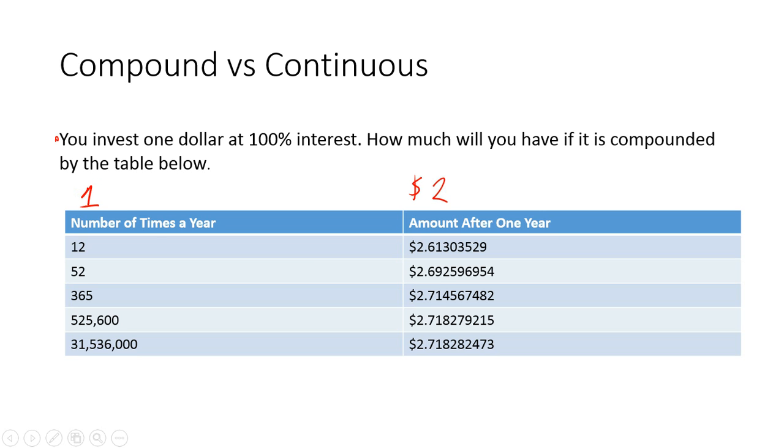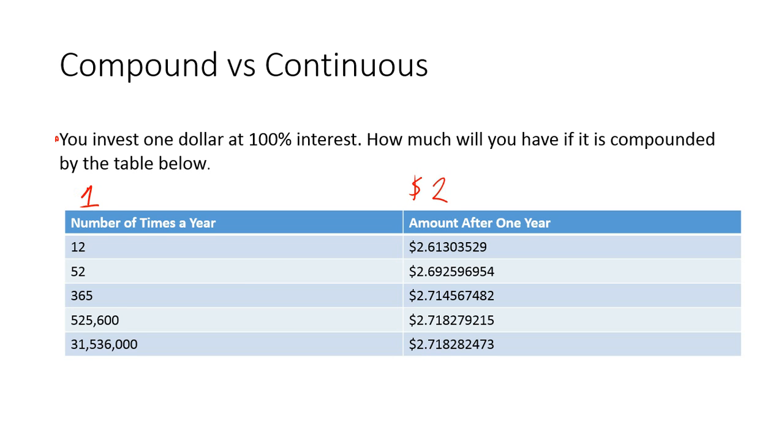If we do it 12 times a year, we end up with about $2.61. If we do it weekly, we end up with about $2.69. If it's daily, we end up with about $2.71. Hourly and minutely, we would end up with $2.71, $2.72.